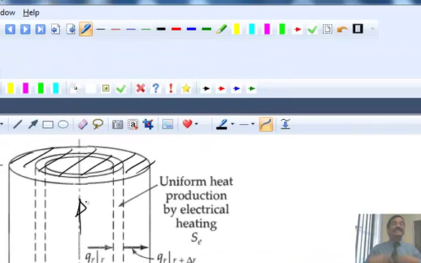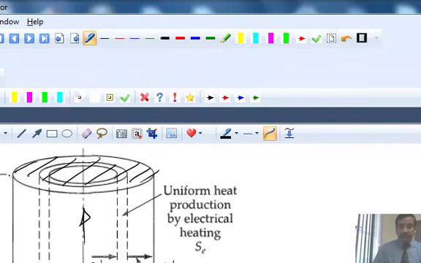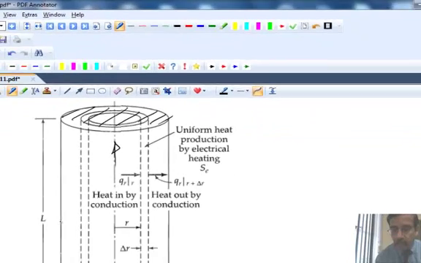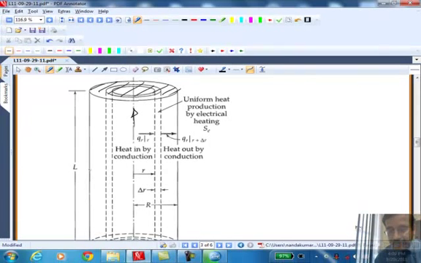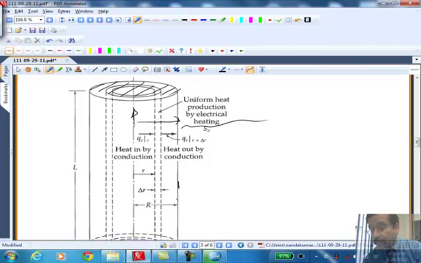But it is such a long, infinitely long rod that the heat that is generated is going to be moving from the center towards the outer radius and then going out to the surrounding. Okay, so the surrounding wall is maintained at a certain temperature, and the heat is going to be removed from that outside wall at a certain rate. The question is, what is the temperature profile going to be in that particular system?